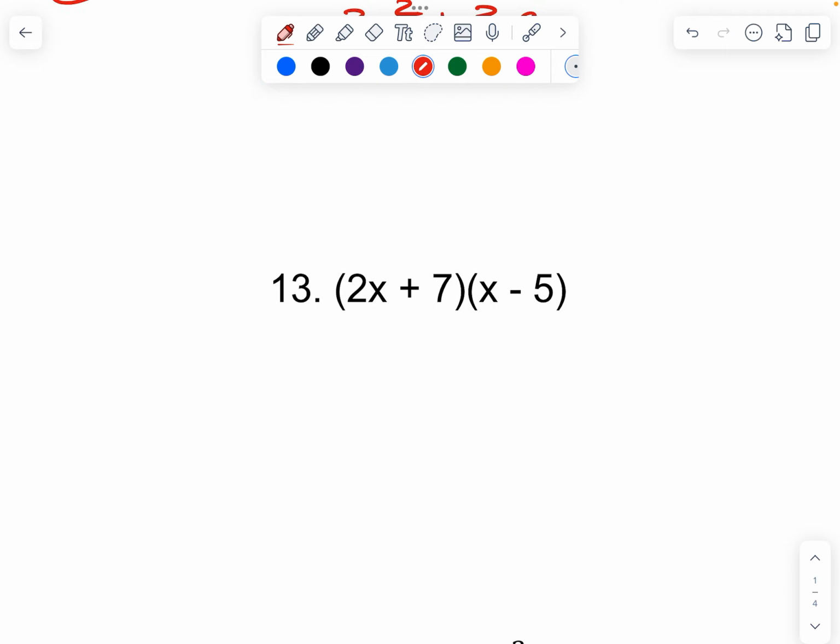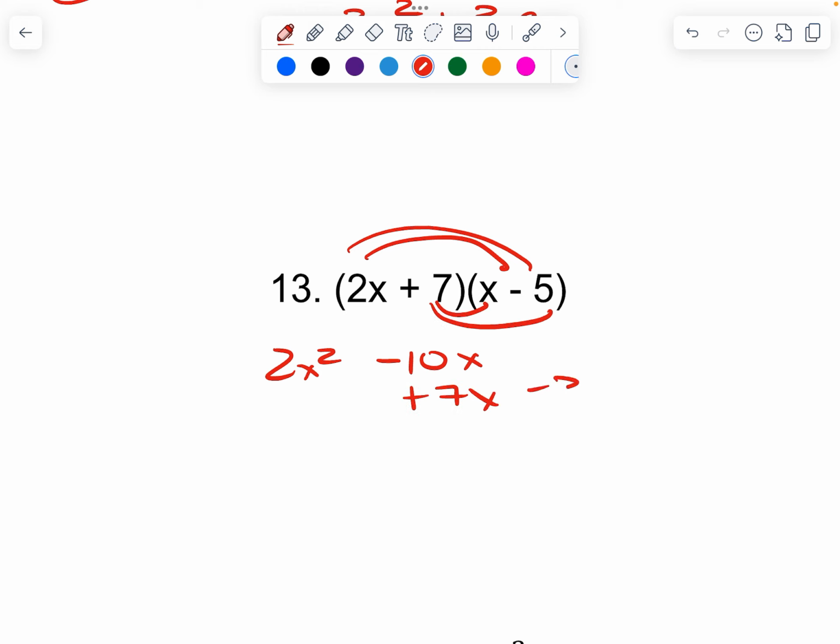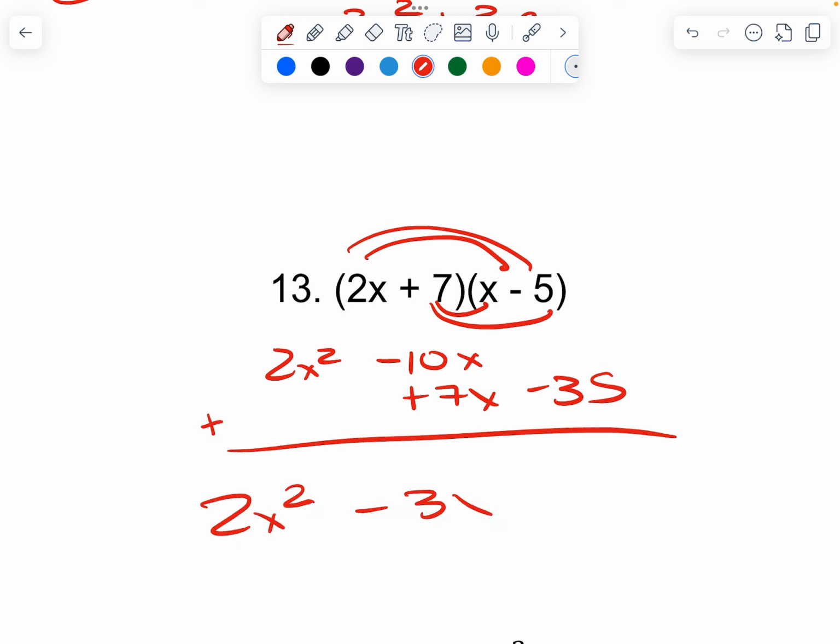This one, I'm going to FOIL and I get 2x squared. FOIL, we get negative 10x. Multiply here plus 7x. Multiply here negative 35. I'm going to add these together and get 2x squared minus 3x minus 35. Okay.